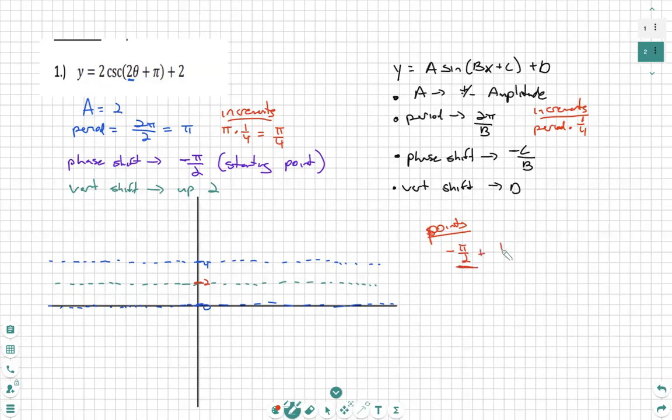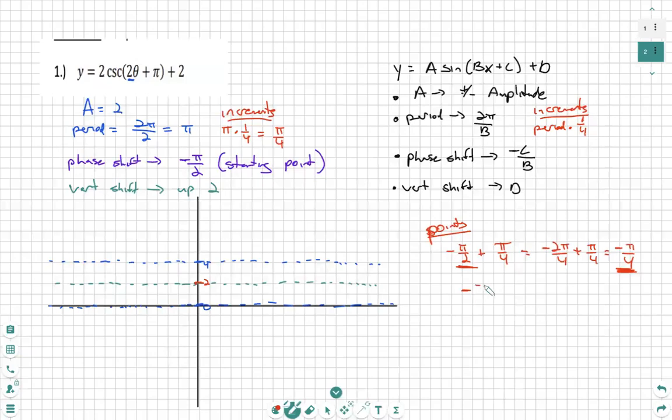Then we add our increment, pi over 4, to that phase shift to find the next point. So we do negative pi over 2 plus pi over 4. Make sure you change your denominators accordingly. And we can clearly see that negative pi over 4 is the answer. That is our next point.